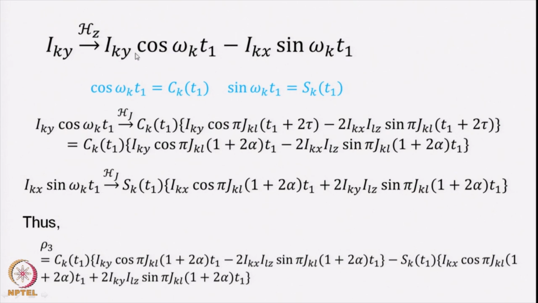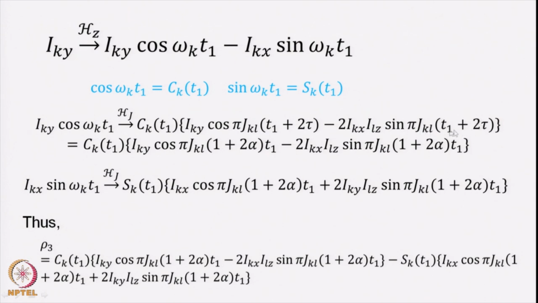Take the first term here, the IKY cosine omega k T1 under the influence of the coupling constant, which will give you CKT1, that is this one, and inside the bracket you will have the coupling evolution IKY cosine pi j k L (T1 plus 2 tau) minus 2 IKX ILZ sin pi j k L (T1 plus 2 tau).